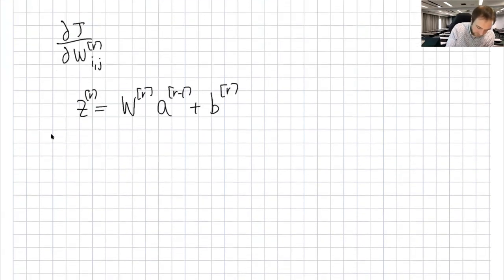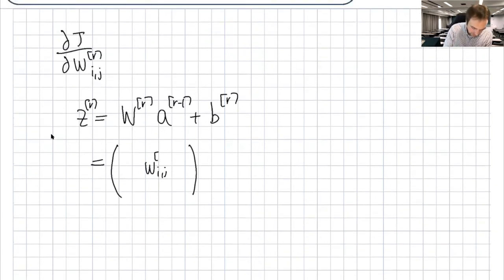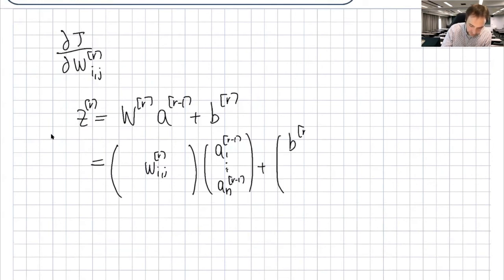So what is this? Well, I have here the matrix. This has some entries w ij, and here I should also write r. And I multiply it with this vector here, which has some entries up to a r minus 1 n. And I add this vector b r 1 up to b r m.